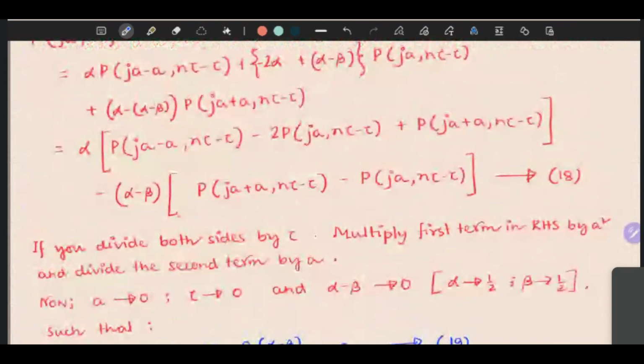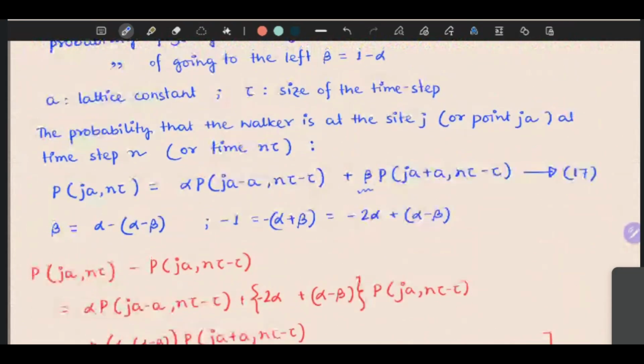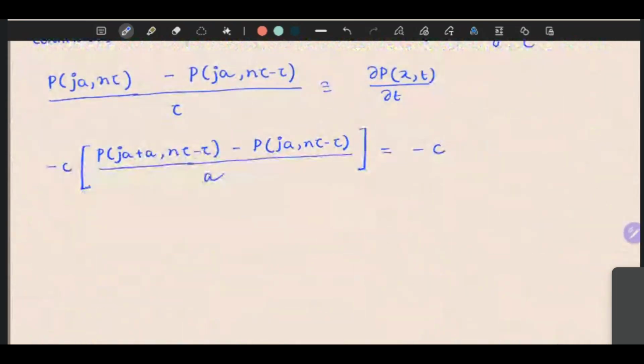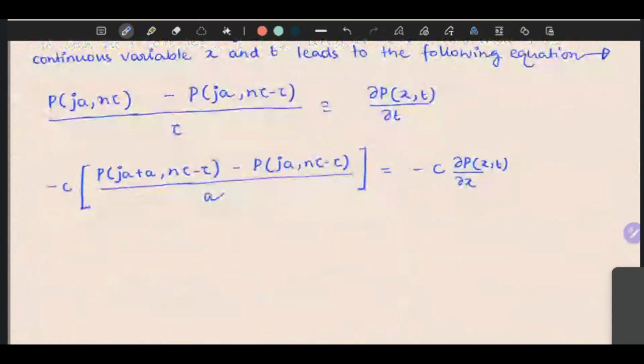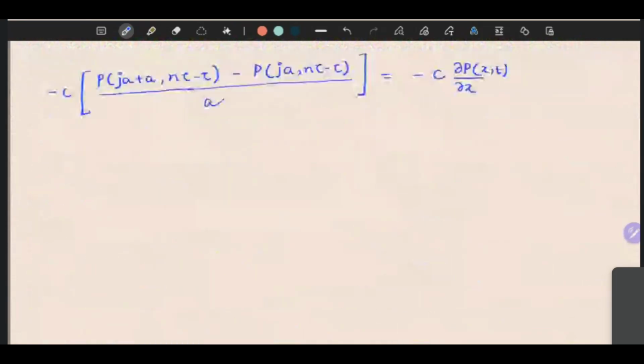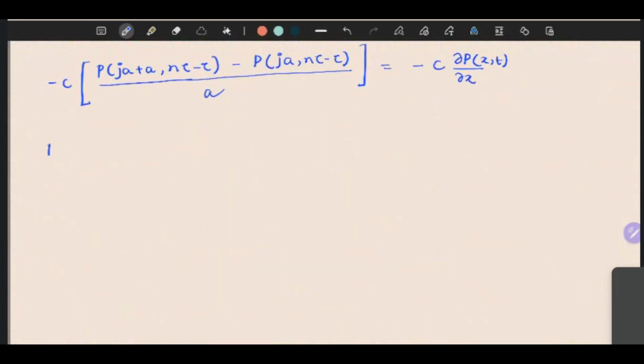Okay, so basically this becomes del p x t by del x. Similarly, this one alpha a square by tau is d, and this is p of J A minus a, let's say J A plus a.